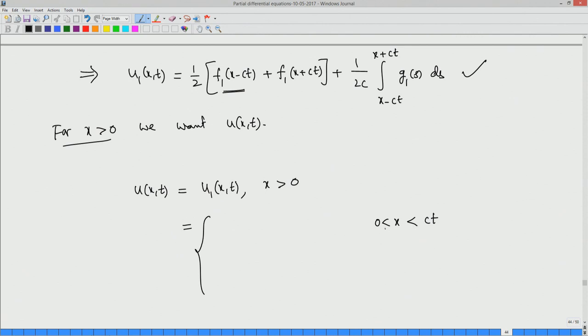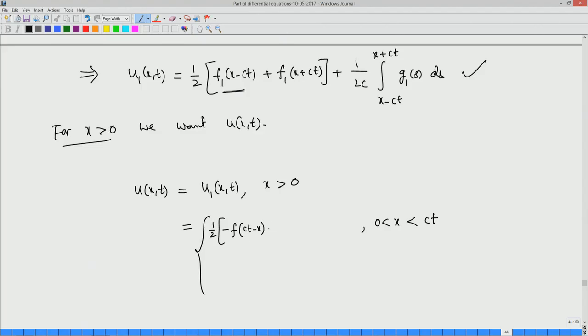You can see that when x is between 0 and ct, the ordinate of f1 at x minus ct is negative. So when x minus ct is negative, what is that? It is minus half, or rather you write half times minus f of minus x minus ct, that is ct minus x.